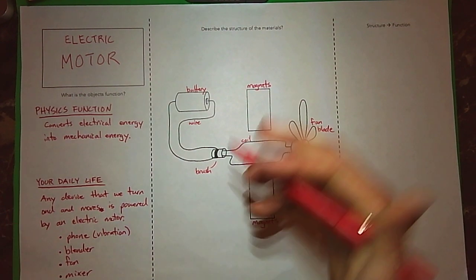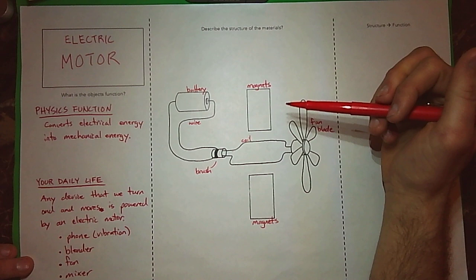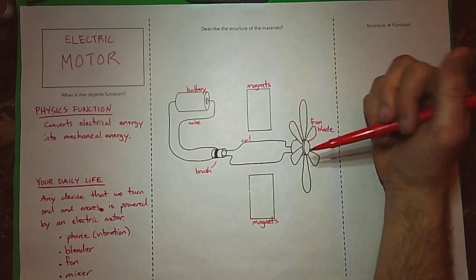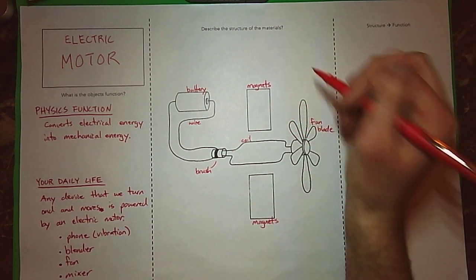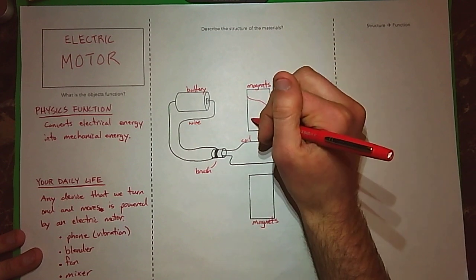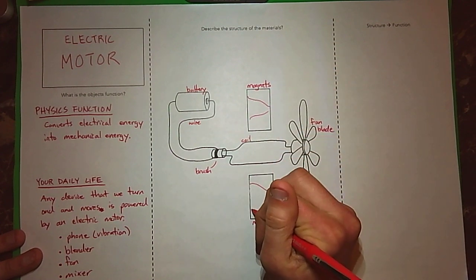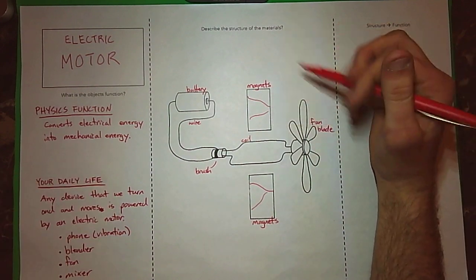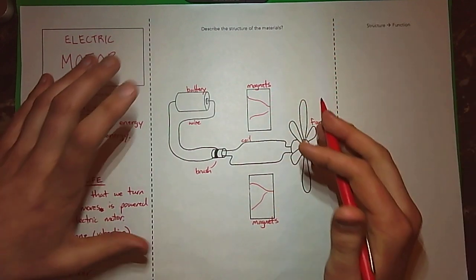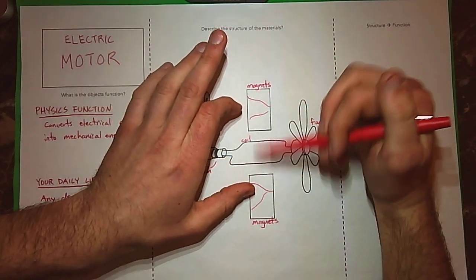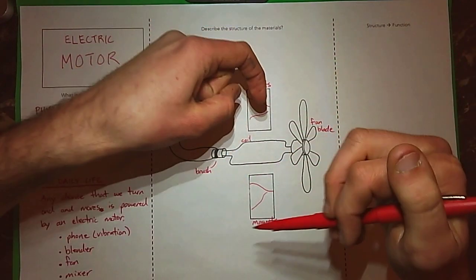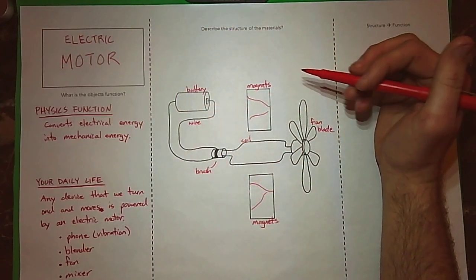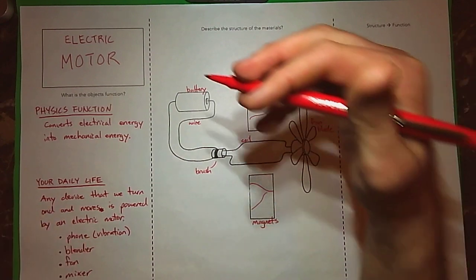Now in this example, and for your examples as well, whenever you have any type of magnetic object, I want you to draw the domains and the arrows that would be part of this material. When you're doing your research, you're going to find some possibly complicated objects. We want to simplify it as much as possible. When I was doing my research for my motor, my magnet was the circular one, and I didn't know which way was north, which way was south.